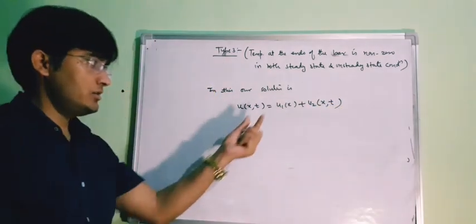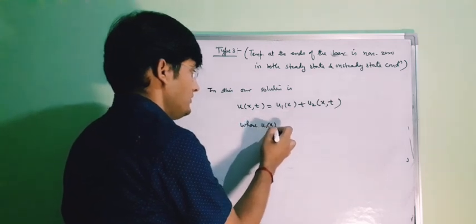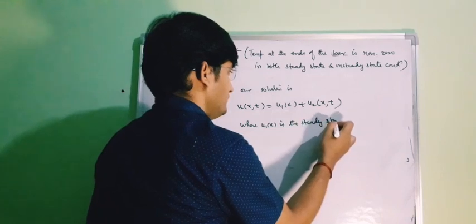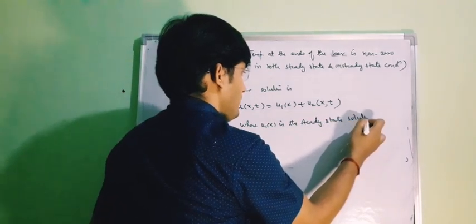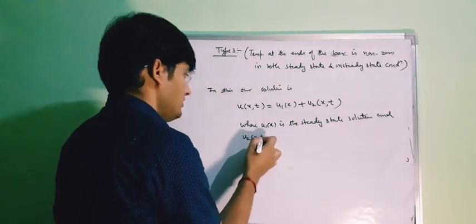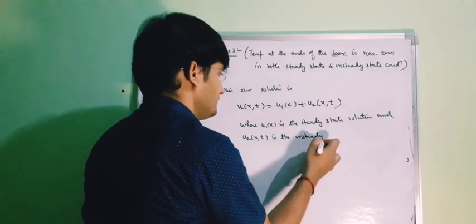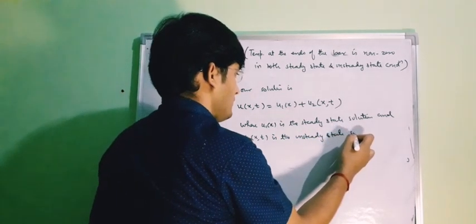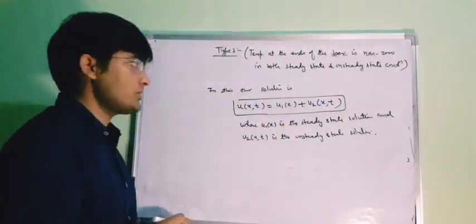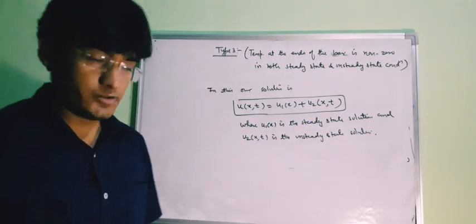Now u1(x) is the steady state solution and u2(x,t) is the unsteady state solution. So this is your required solution: u(x,t) equal to u1(x) plus u2(x,t), where u2(x,t) is the unsteady state solution.